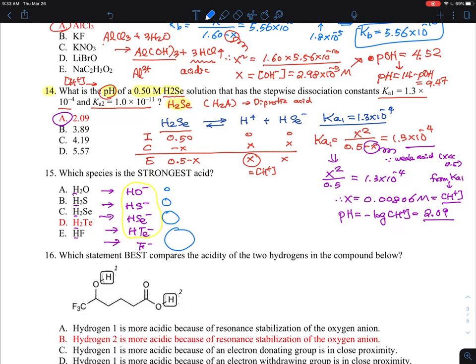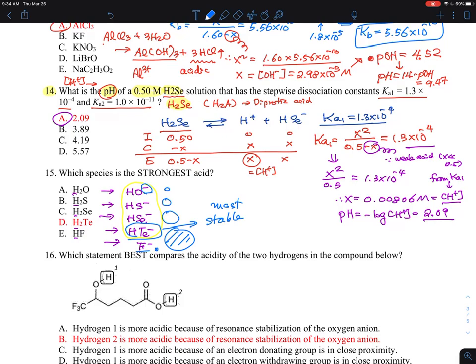If you need to have negative charges on this, it is much more dispersed. So among these four, this is the most stable. Now I need to compare that with fluorine, and the negative charge can be spread out over this big one versus fluorine, which is really tiny.